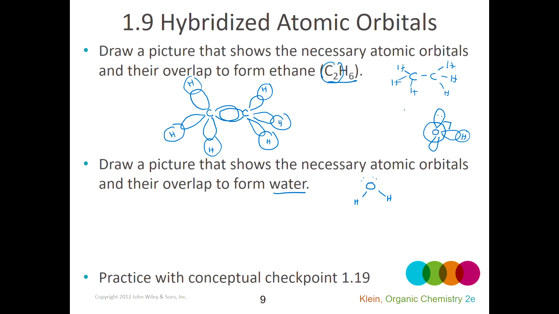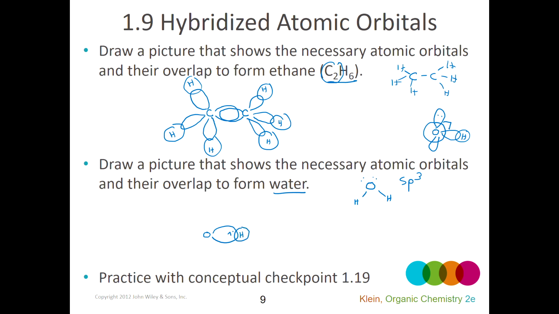So similar to how the carbon forms an sp3 hybridization to form 4 separate sp3 orbitals for 4 separate areas of overlap, water would do the same thing. It will also be sp3. And if we look at the picture of that, the oxygen is going to have one sp3 orbital that holds a single electron for overlapping with the hydrogen's 1s.